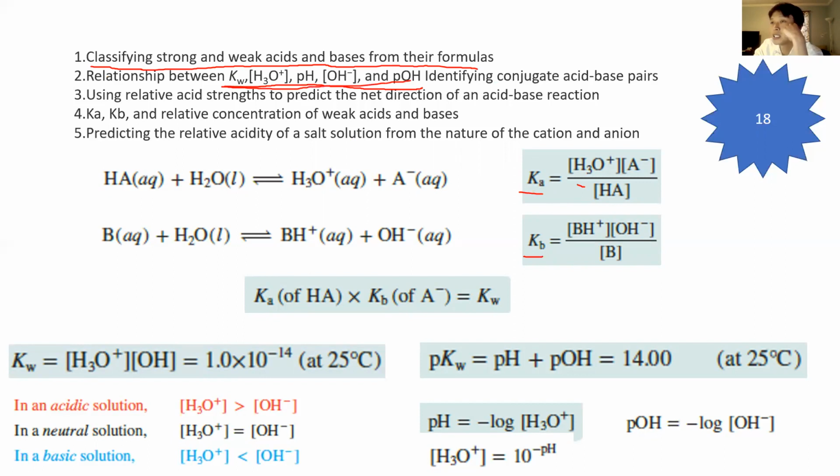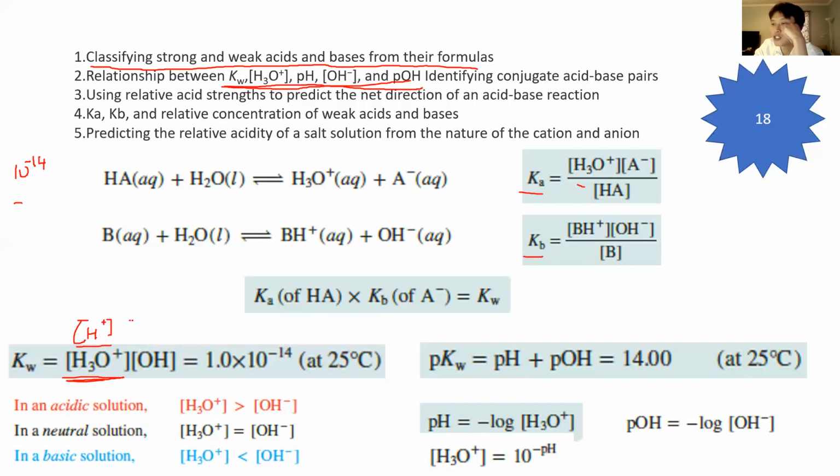Kw again is equal to 10 to the negative 14 at room temperature. So that's the water ionization constant, right? So that means the concentration of hydrogen ion, proton, right? So I normally write the proton as this instead of H3O plus, right? Actually, most people write proton like this. Right?